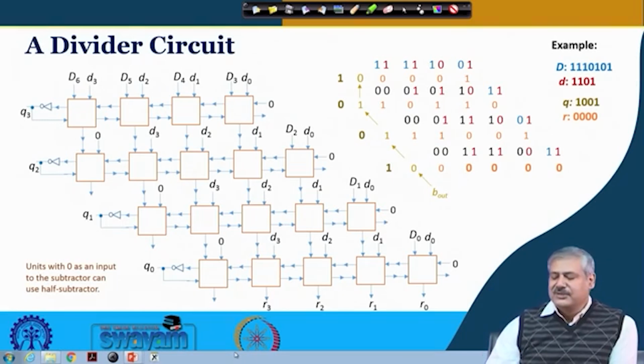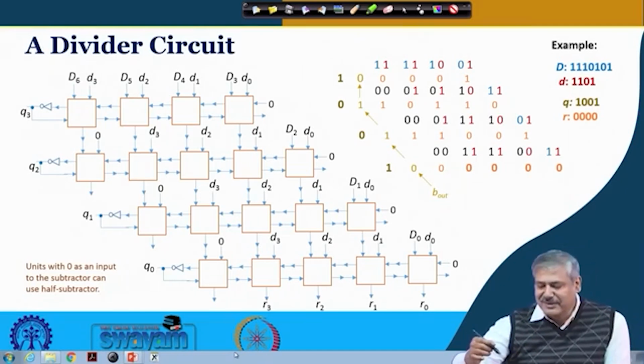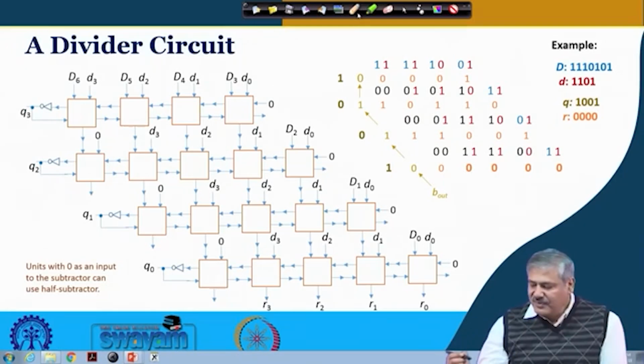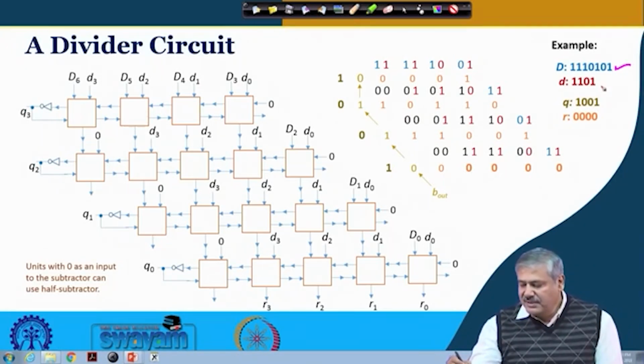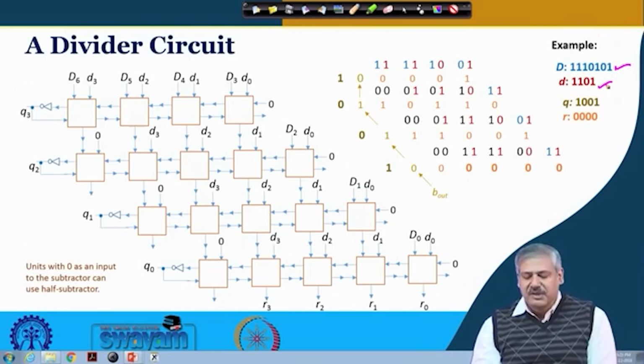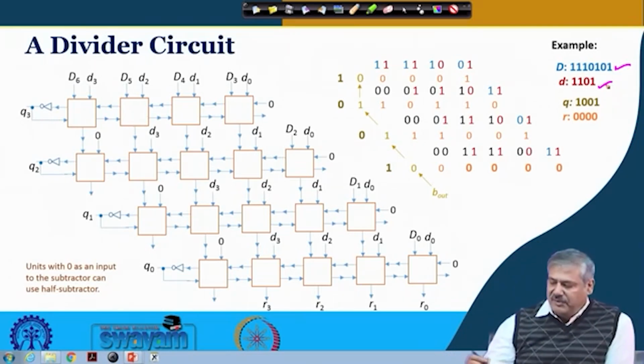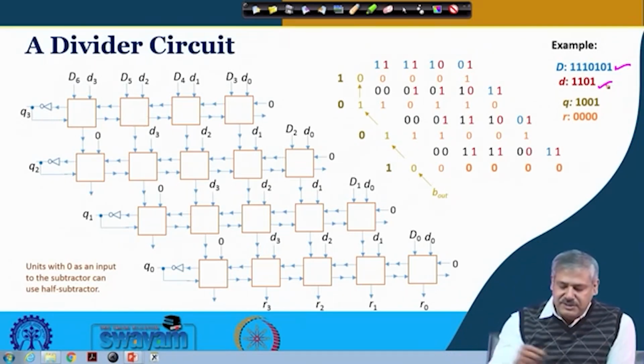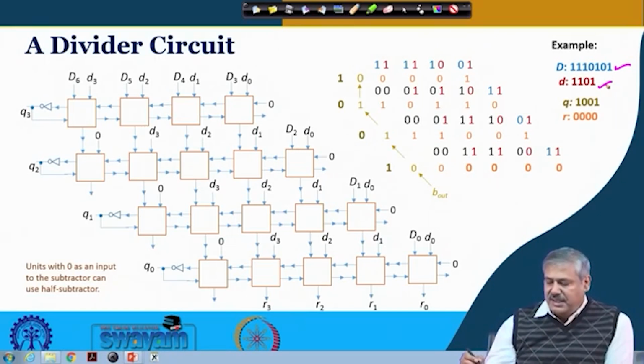The example we take is the same one that we had taken before, that is 117 divided by 13. So this is the dividend and this is the divisor. The dividend bits D6 to D0 are there.